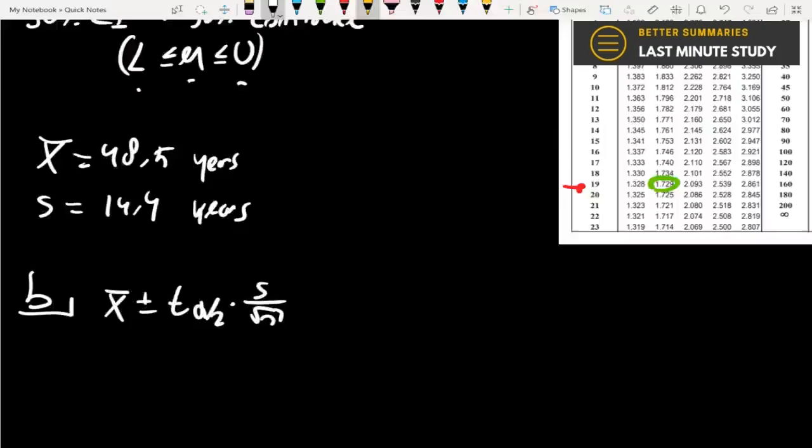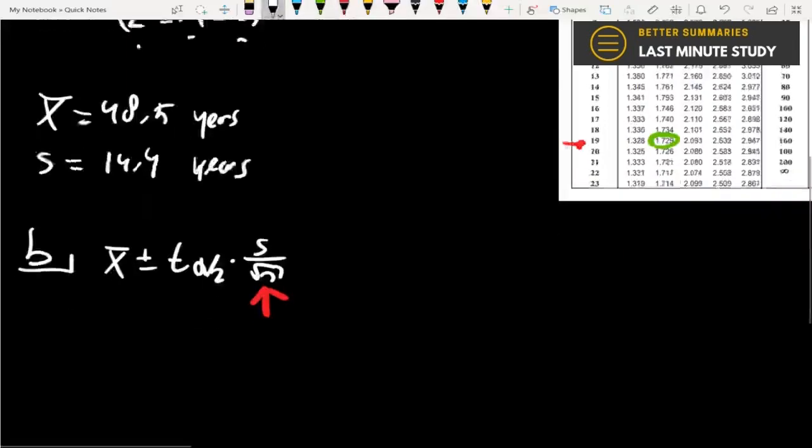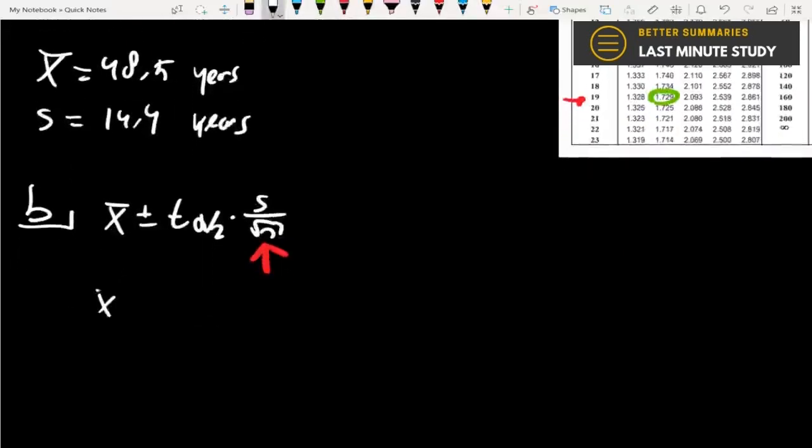So where's n? We've got n over here in the denominator. So if we rewrite the formula, we get this. What happens when we increase n, when we increase the sample size?